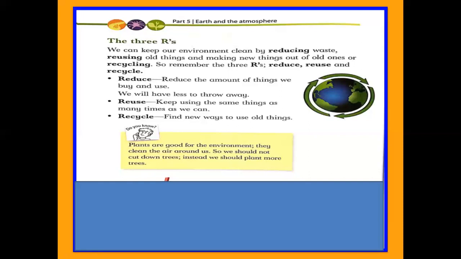During respiration, what happens? Plants absorb carbon dioxide and give out oxygen. Okay, so plants are good for our environment and help clean our environment. We should not cut plants. Instead, we should plant more trees.